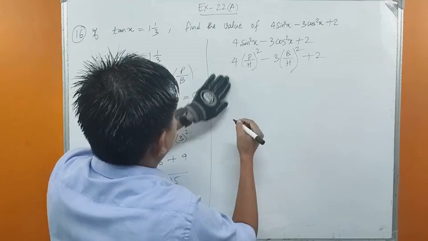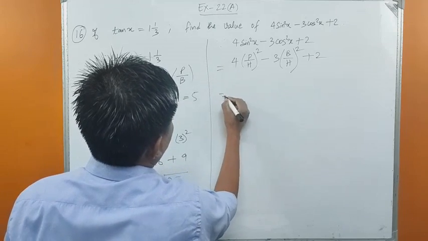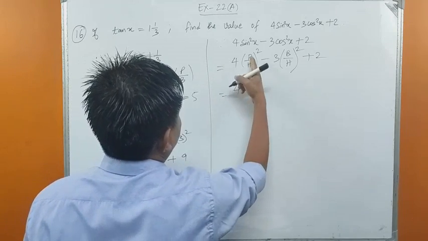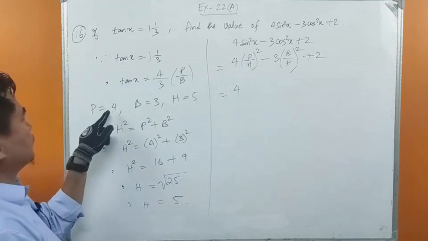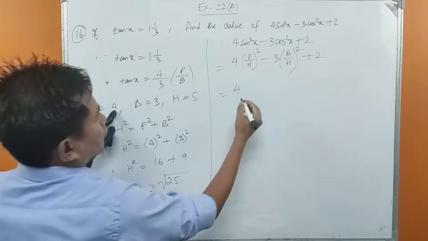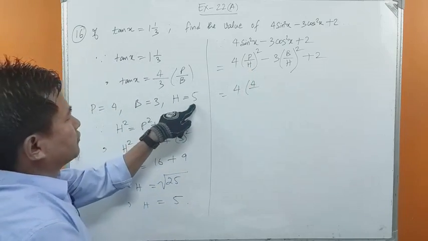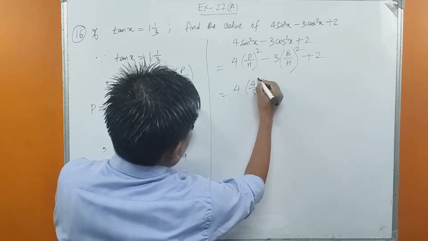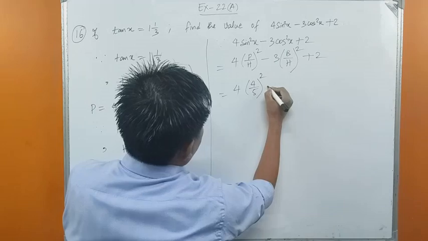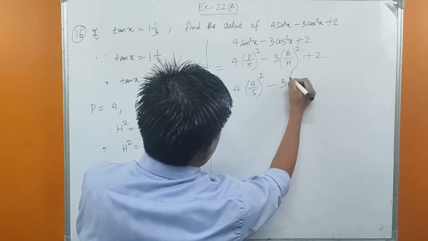Equal to 4. Now let us write what is p. P is 4, perpendicular is 4, 4 upon hypotenuse, hypotenuse is 5, whole squared, minus 3 we write as it is.